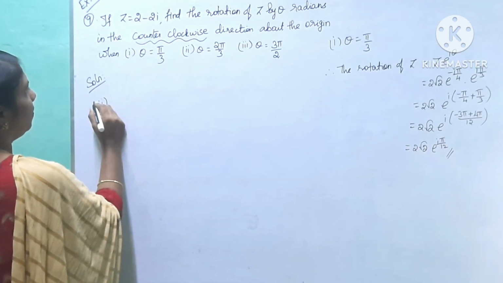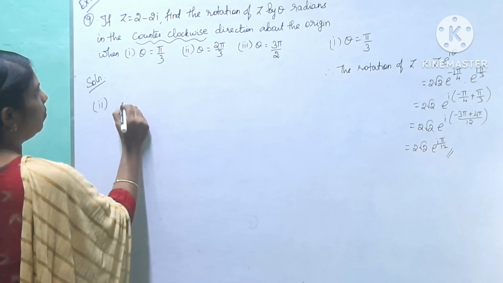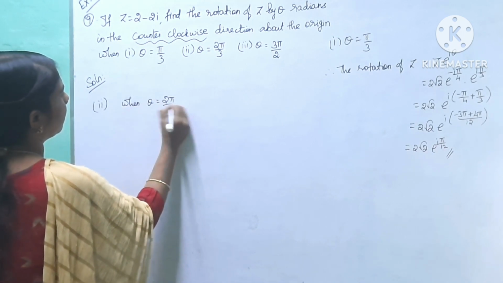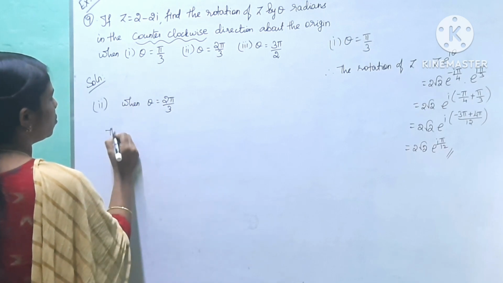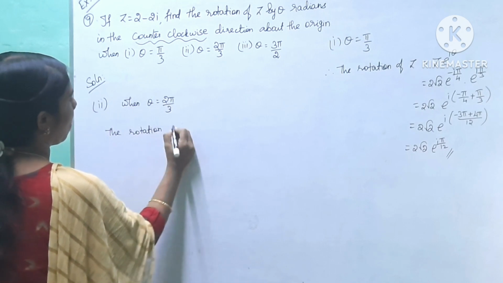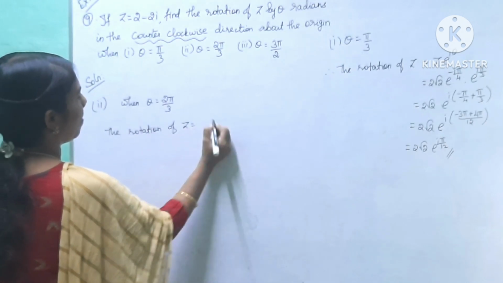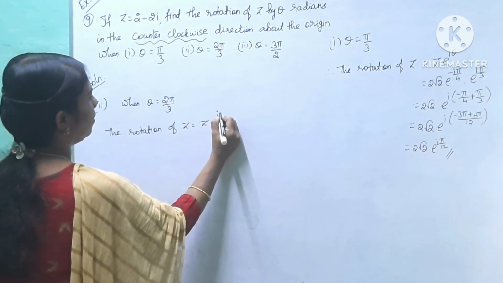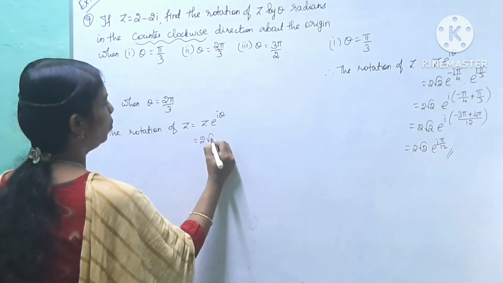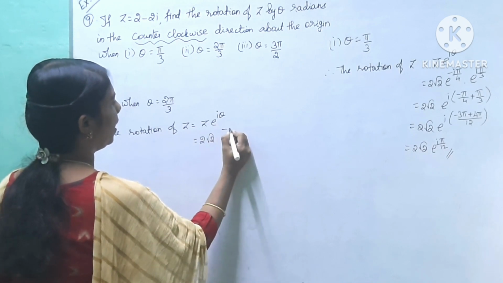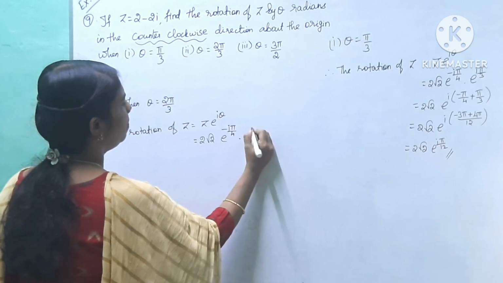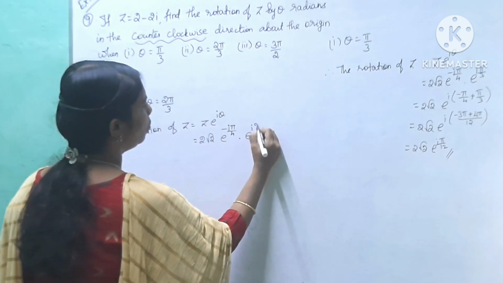Second subdivision: when theta is equal to 2 pi by 3, the rotation of z is given by z into e power i theta. That is nothing but 2 root 2 e power minus i pi by 4 into e power i theta, where theta is 2 pi by 3.